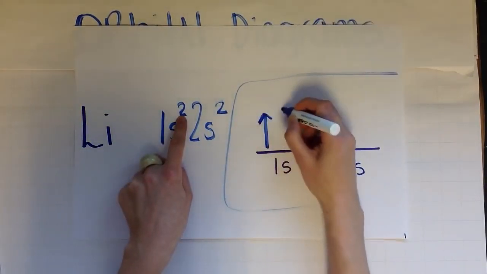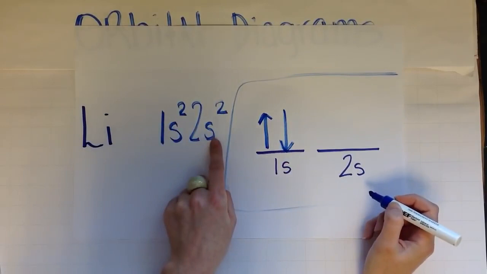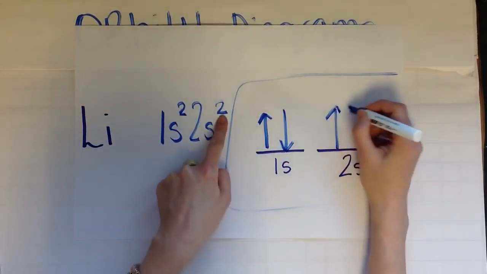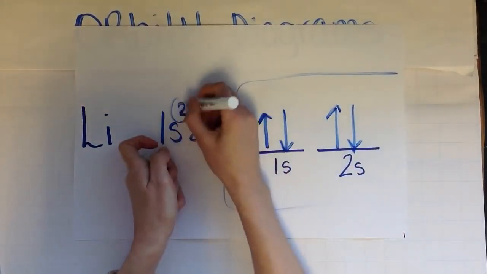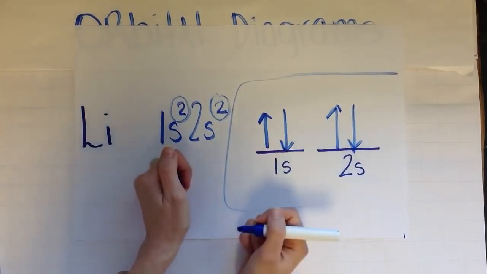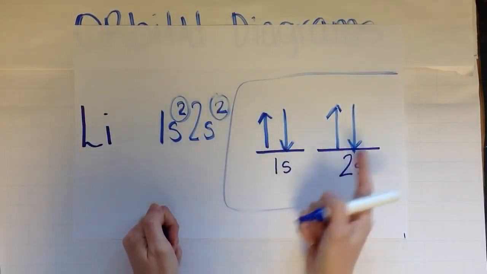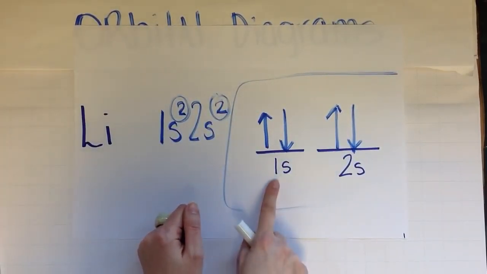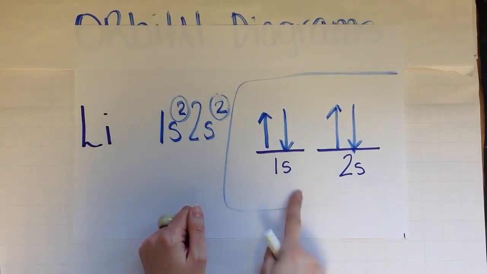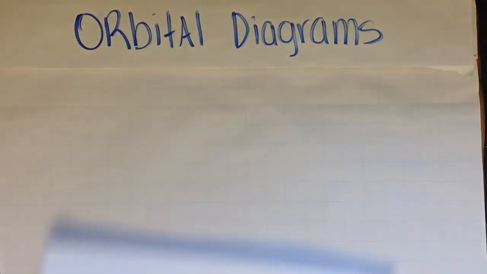One spins up, one spins down. In the 2s, one spins up, one spins down. These 2 electrons are represented by the arrows, and these 2 are represented by the arrows. These are different orbitals on different energy levels.